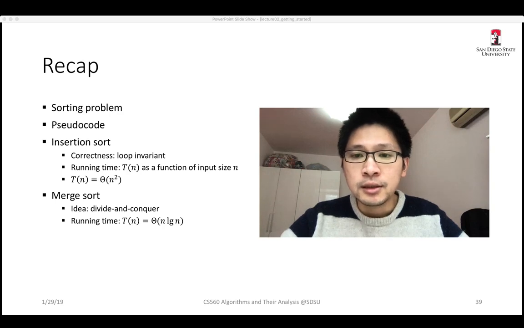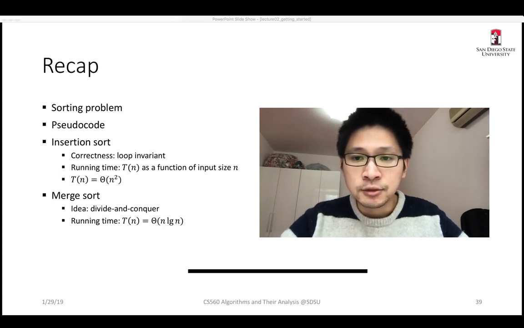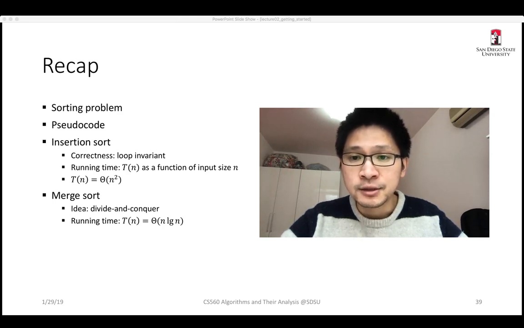And in the next lecture, we will give a systematic introduction to the concept of growth of functions. And we will show that theta notation is just one of a bunch of notations that can be used to describe how fast a function can grow.